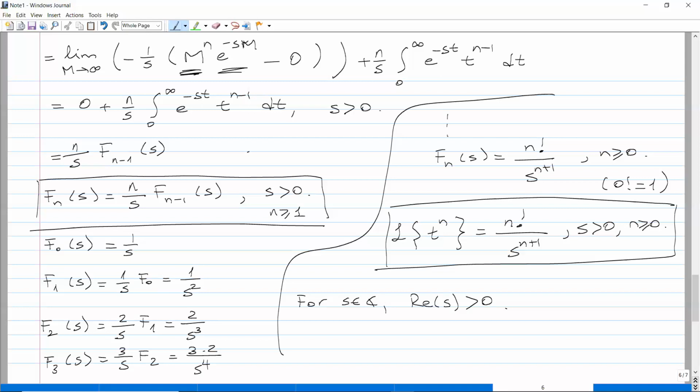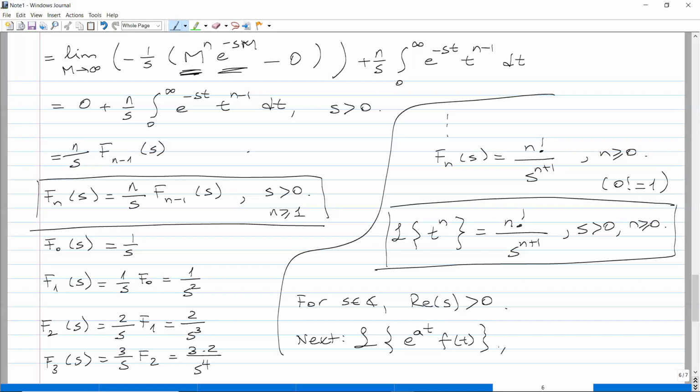How do we generalize this? In the next example, we will do the Laplace transform of the exponential function times some function. So the exponential itself you can consider as exponential times 1, and now we take it times any function.